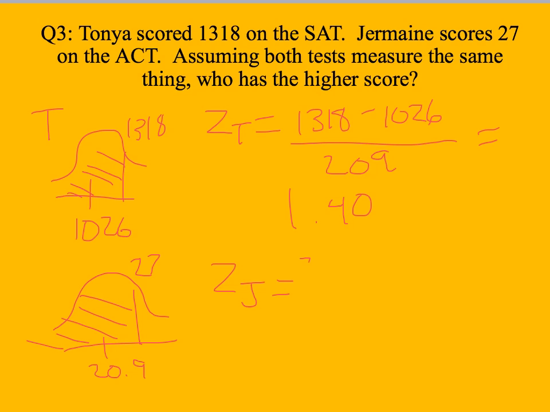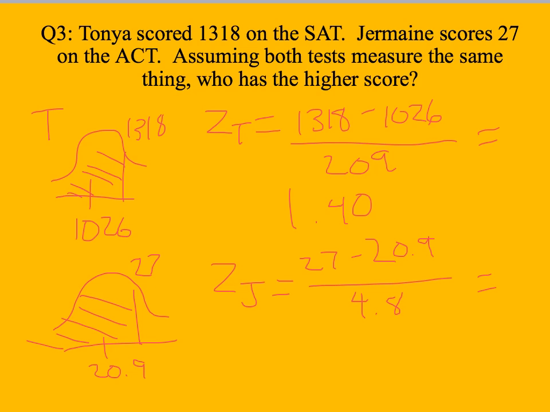So 27 minus 20.9 divided by his standard deviation, 4.8. I can now calculate this: 27 minus 20.9 divided by 4.8 gives us 1.27.